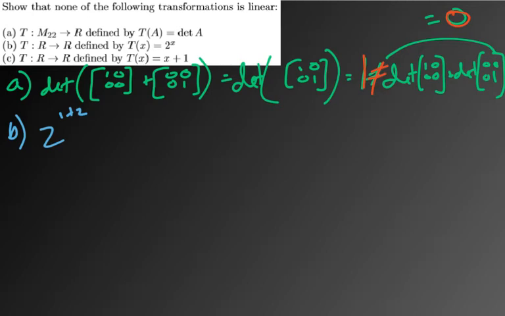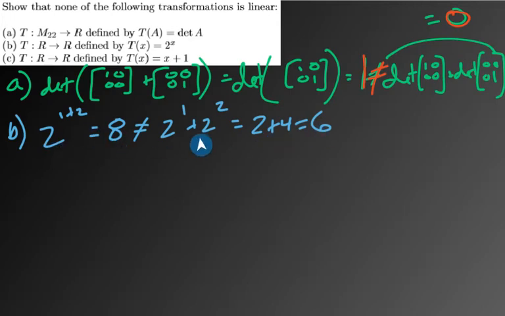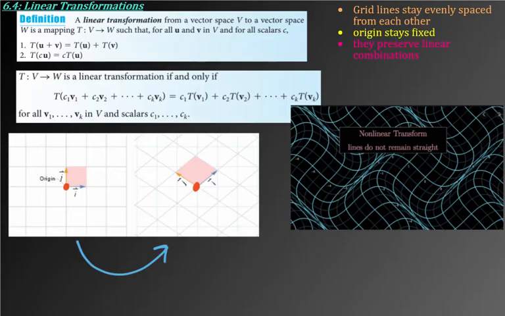But 2 to the 1 plus 2 is 8, and that does not equal 2 to the 1 plus 2 to the 2, which equals 2 plus 4, i.e. 6. So this fails the first condition of a linear transformation.